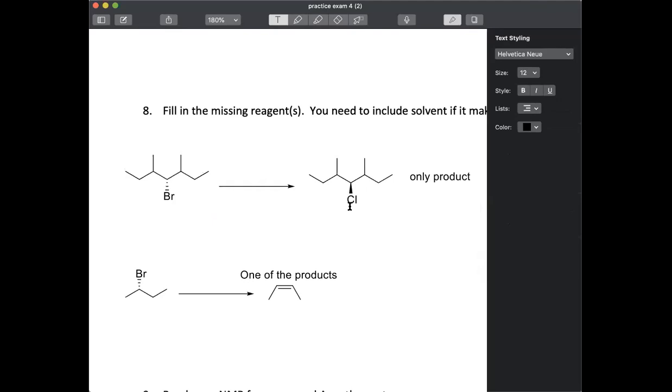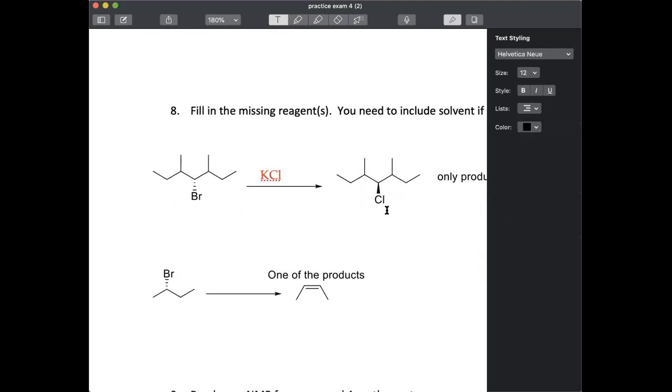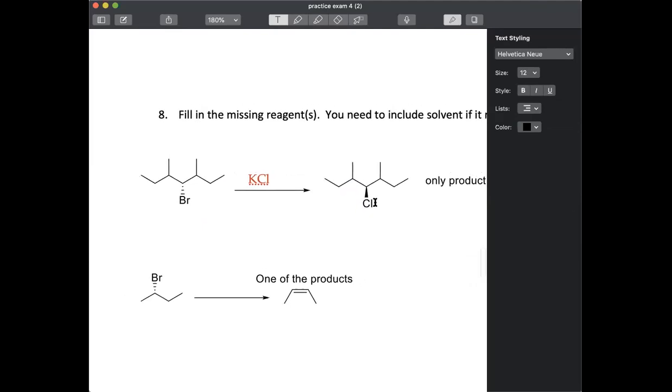Because we don't have N3 here. KCl, yeah, that works. KCl, NaCl, right? Because in this case, remember, this is your nucleophile. So it's chloride with the metal.